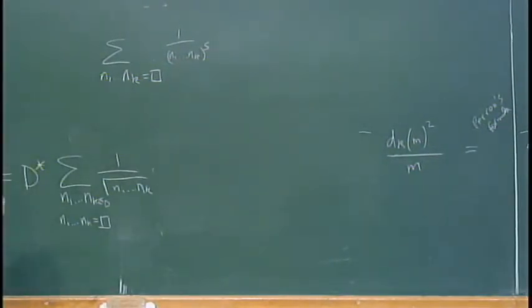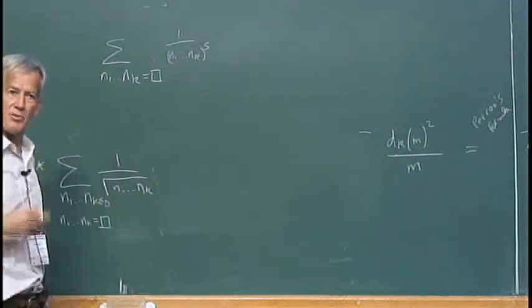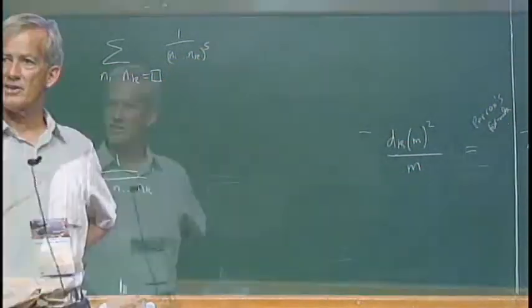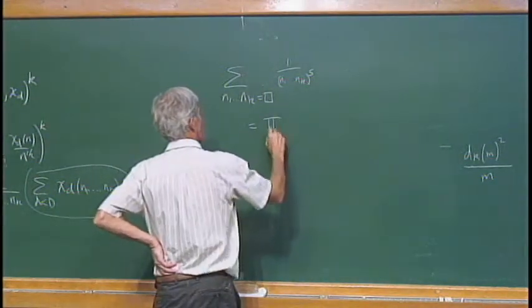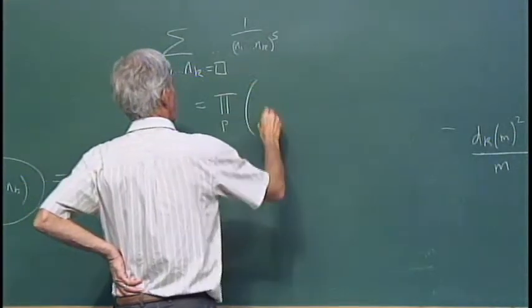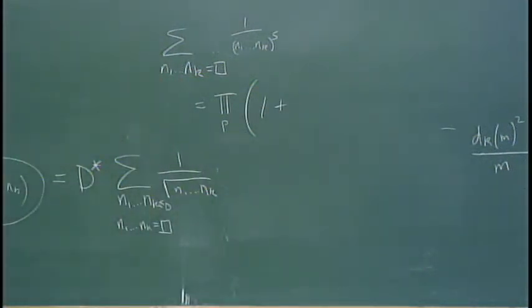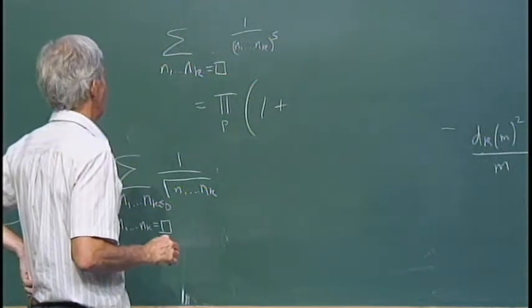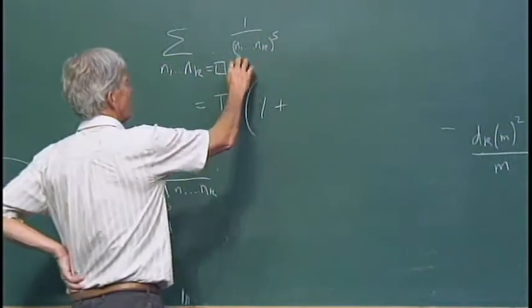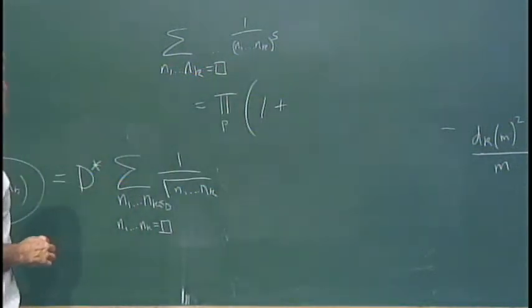Well, everything's multiplicative, and this condition about the product being a square is a multiplicative condition, right? So this will equal an Euler product: product over p, 1 plus... now you have to figure out how to make this thing into a square.